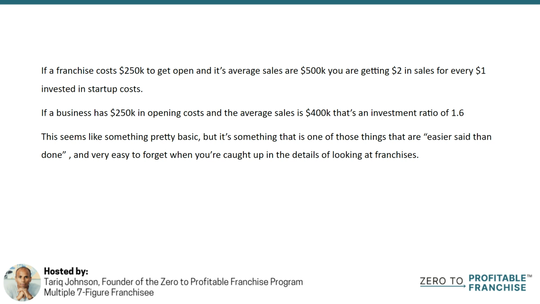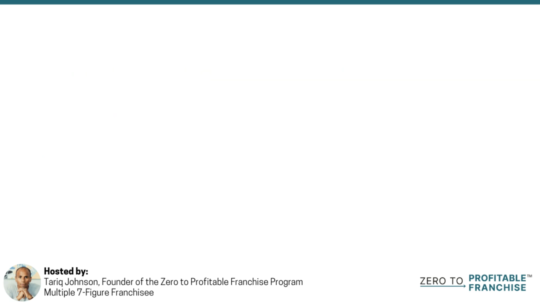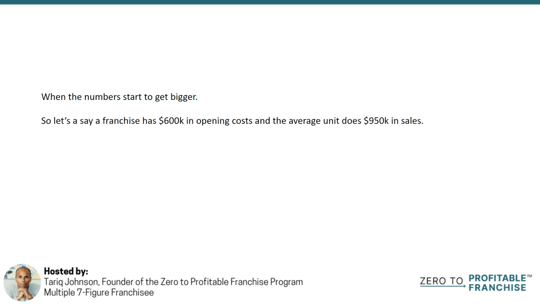Now, look, at first glance, it seems like something very basic, but it's one of those things that are easier said than done. And it's really easy to forget when you're caught up in the details of looking at franchises. So here's where this sales to investment ratio will help a lot when the numbers start getting bigger.